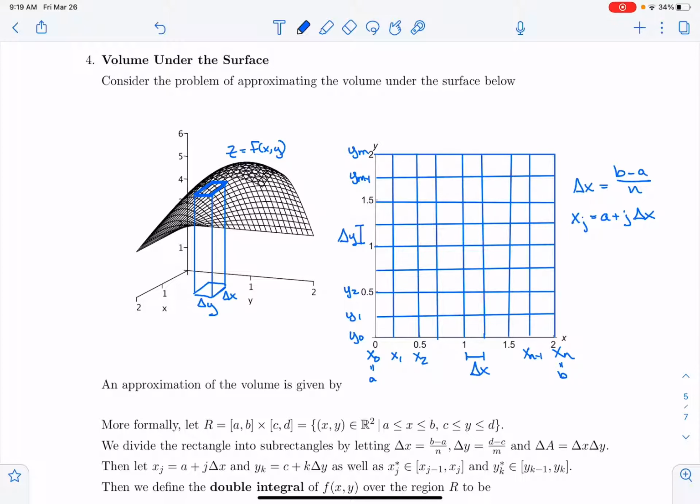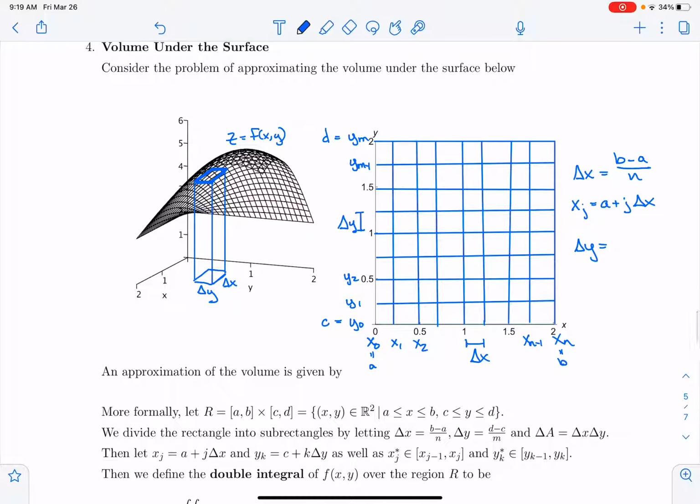For delta y, if I think of y0 as being c and ym as being d, it's going to be d minus c over m. And then the y's start at c, and I add multiples of delta y, so k delta y.